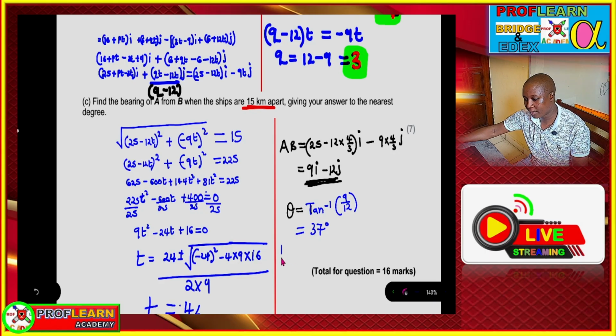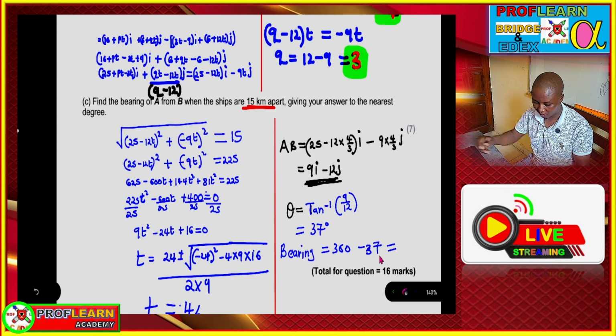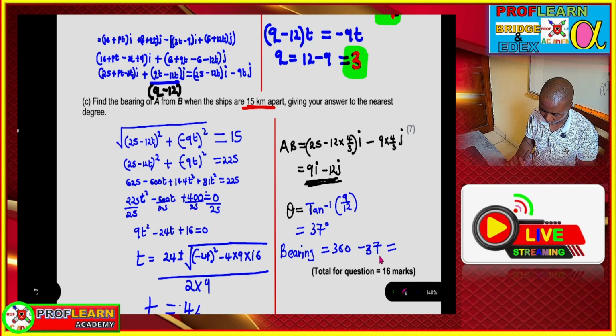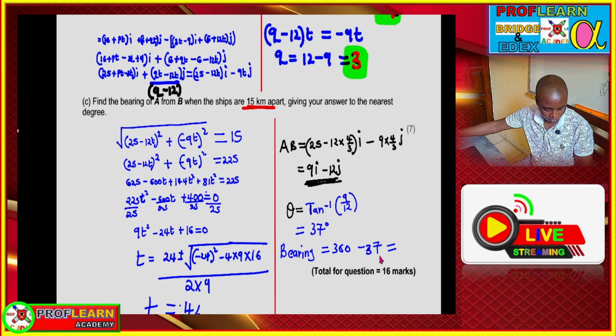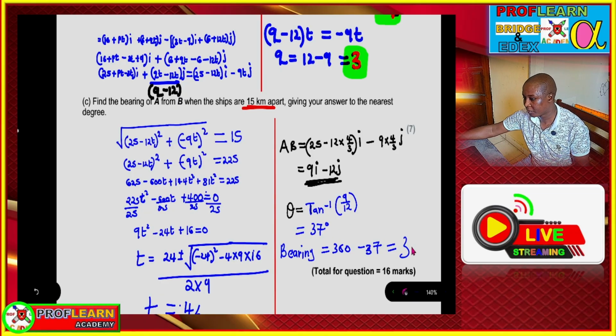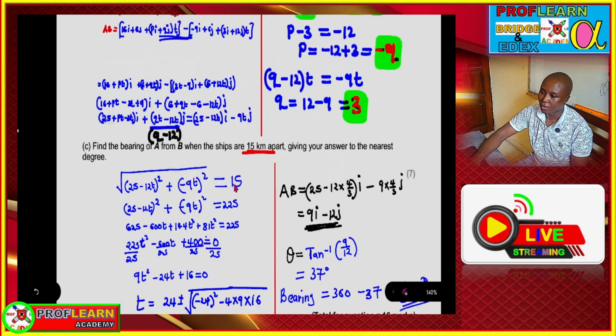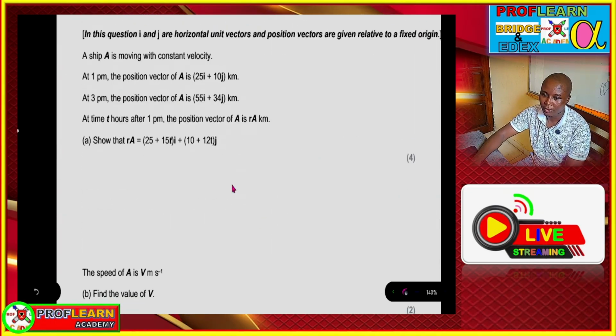So the bearing is going to be 360 minus 37, which is 323 degrees in that particular part.